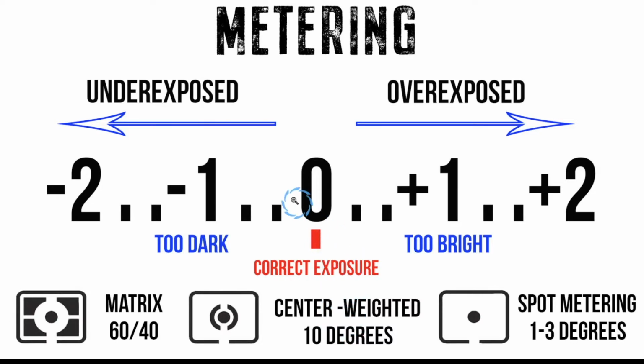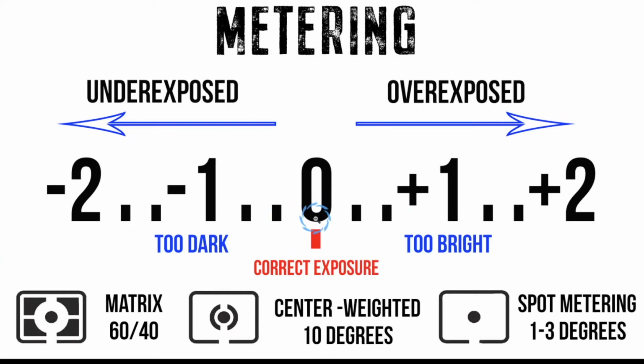Now, the next thing that we have to look at, and you might see this on the back of your camera. You're only going to see the numbers, so you're only going to see this -2 to +2. You're not going to see all these other words, and you're going to see a little dot right here that moves as you adjust your camera. If you don't see this, it's because you're so far off your exposure, it's way past this or way past this.